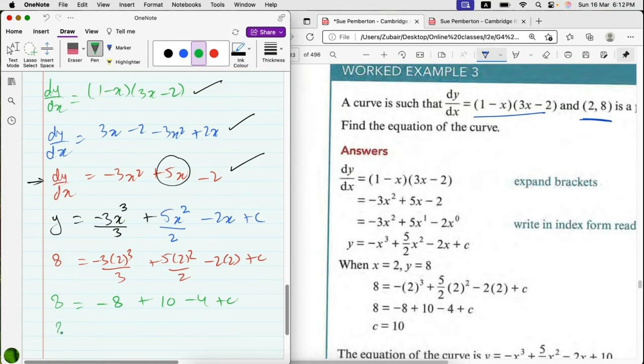So 8 plus 8 minus 10 plus 4 is equal to c. 8 plus 8 minus 10 plus 4 is 10.